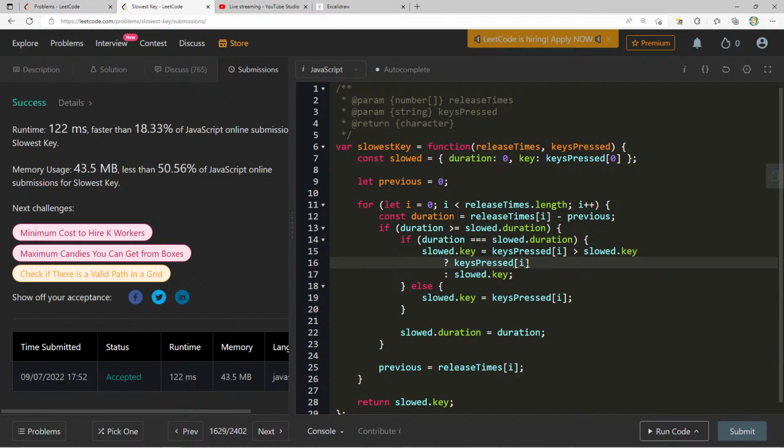So let me just try and clean this up a little bit. This is very nitpicky stuff, but having things on the same line if we can. This whole thing right here is a little bit all over the place. So let's see what we can do. Let's see if duration is greater than or equal to slow duration. If it's greater, we'll just do slow.key equals keys pressed. Else if it's equal, we can do that one, but the duration will always be the same.